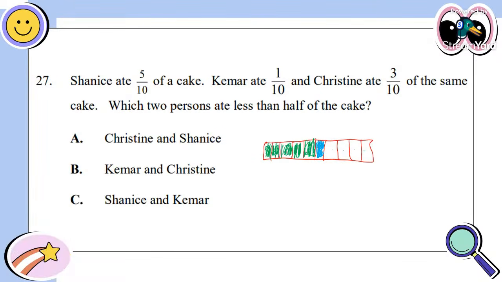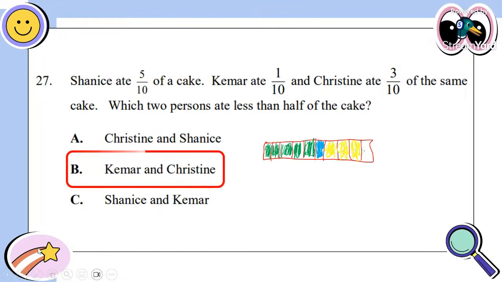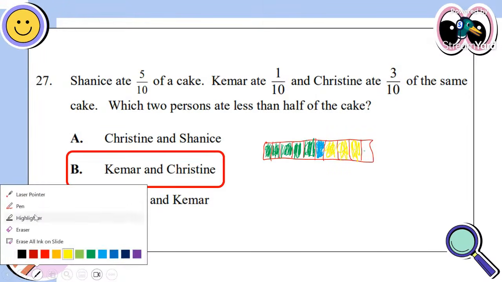I'll put hers in yellow. 1, 2, 3/10. So which 2 persons ate less than half? That's what the question asked. Kemar at 1/10, and Christine at 3/10. So your correct answer has to be B, Kemar and Christine.